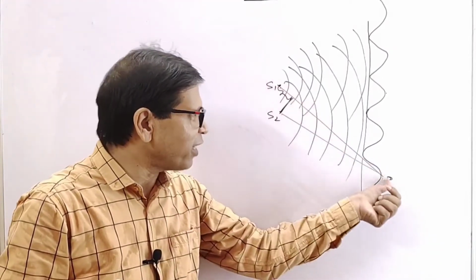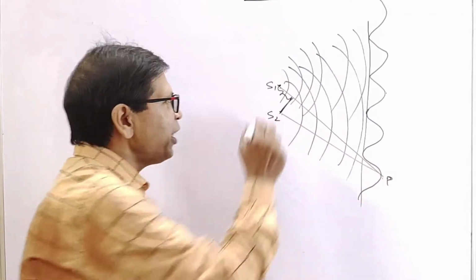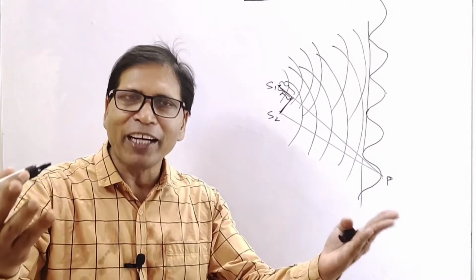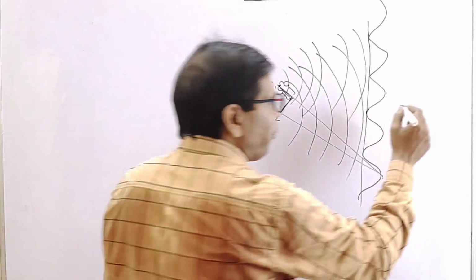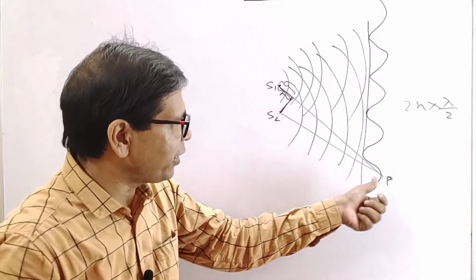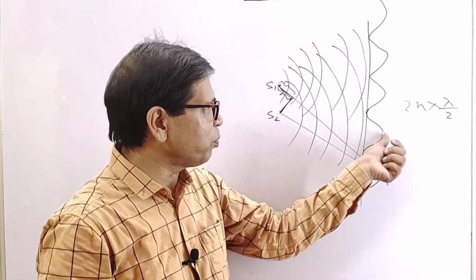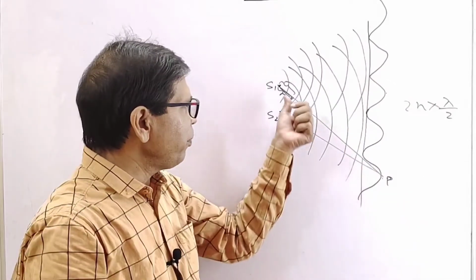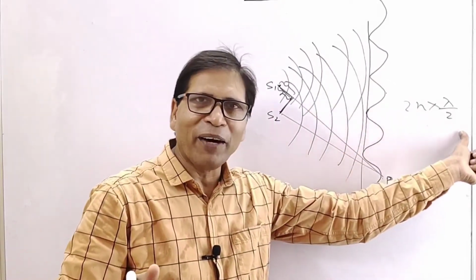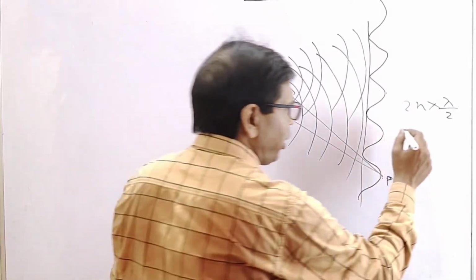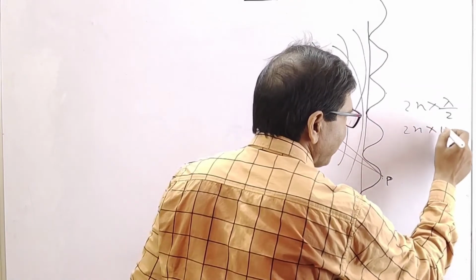Now S1P path is more than S2P path. If this path difference is an even multiple of lambda by 2, then constructive interference occurs. Look at this point, it has path difference even multiple of lambda by 2, or phase difference is even multiple of pi.